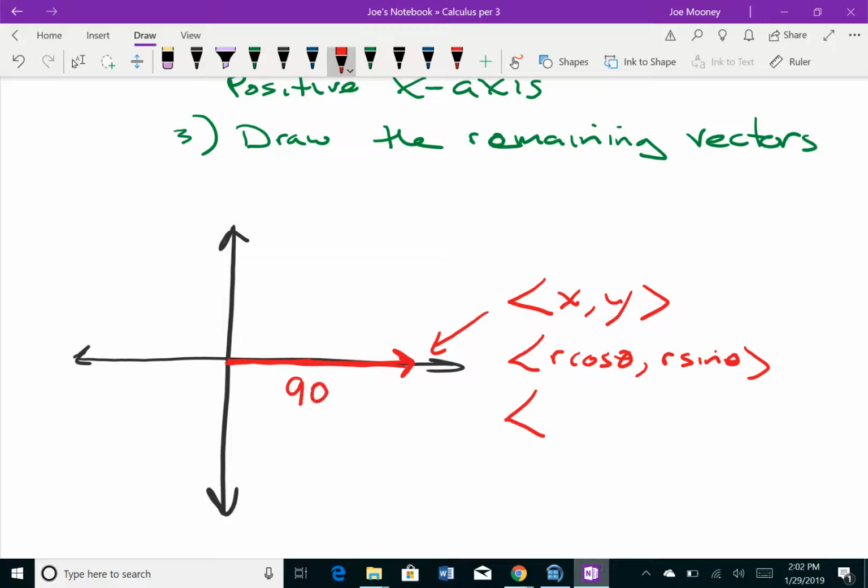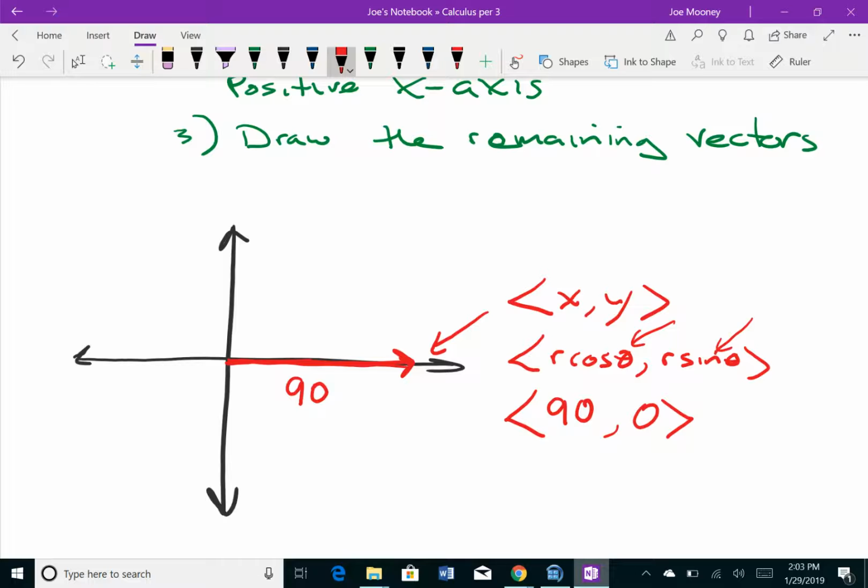If it travels 90 units to the right and no units up, its x component must be 90 and its y component must be 0. Go ahead and test me by putting 0 in for theta, and you'll see. Because we all know cosine of 0 is 1, so 90 times 1. And we also know sine of 0 is 0, so 0 times 90.